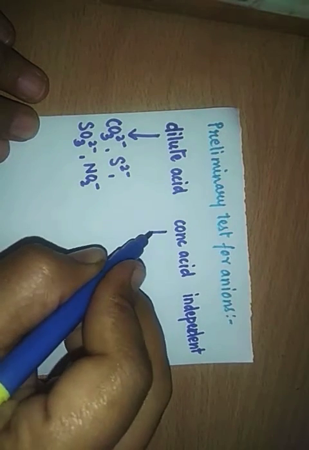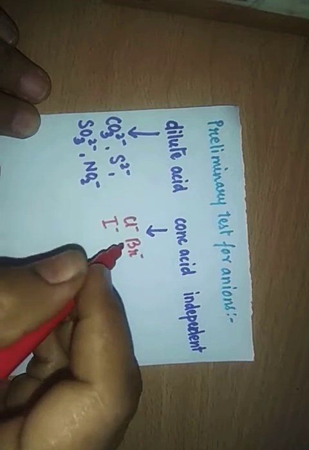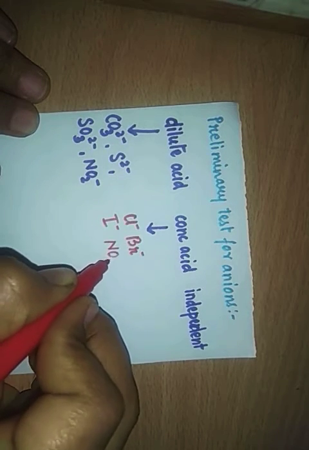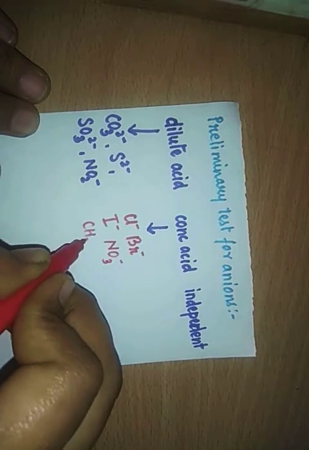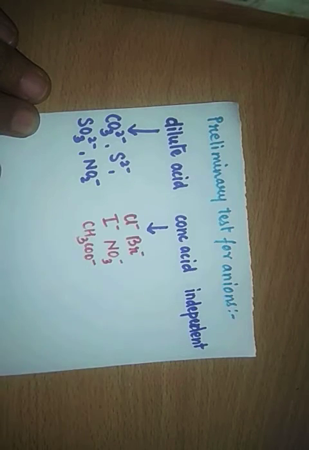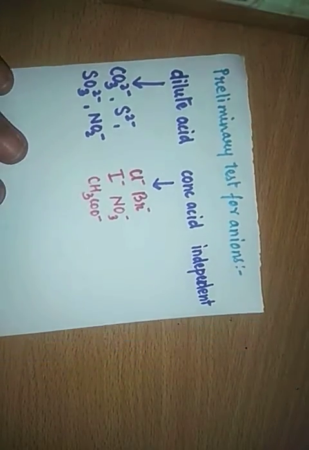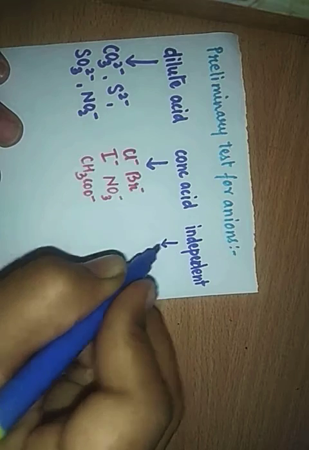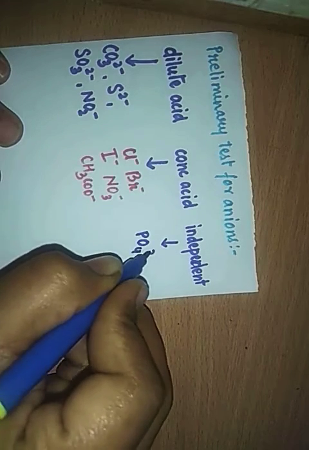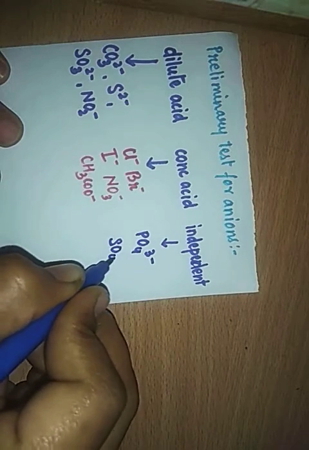In the concentrated acid group, we have ions like chloride ion, bromide ion, iodide ion, nitrate ion, acetate ion. And in the independent group, we have two ions, the phosphate ion and the sulfate ion.